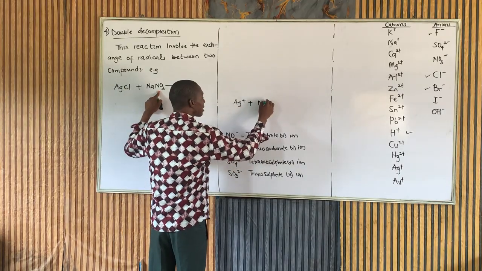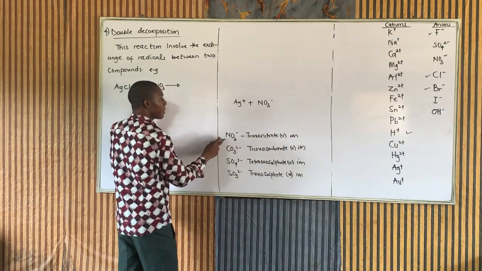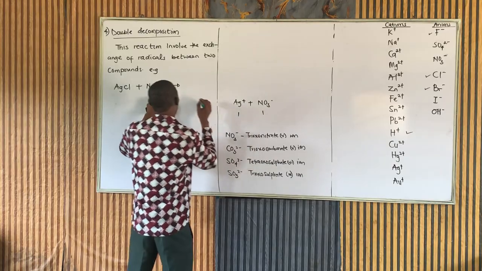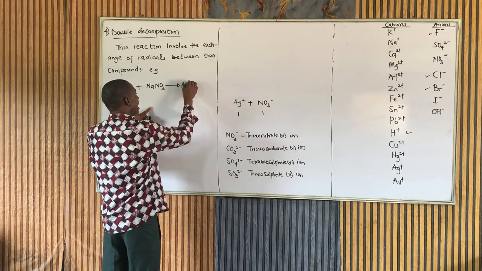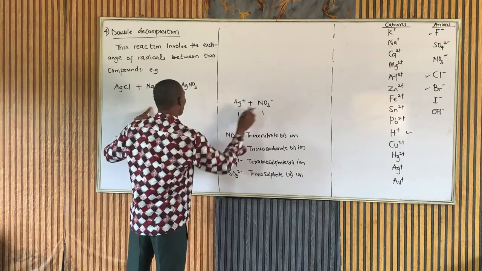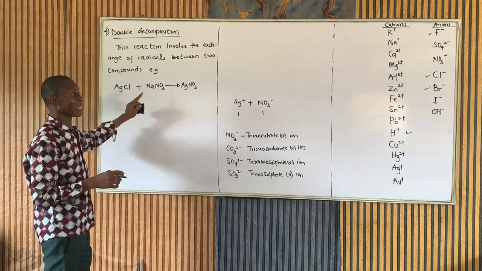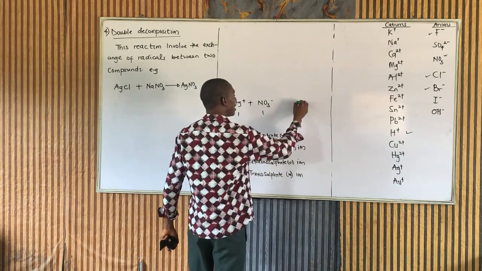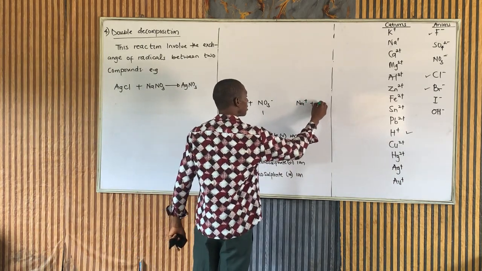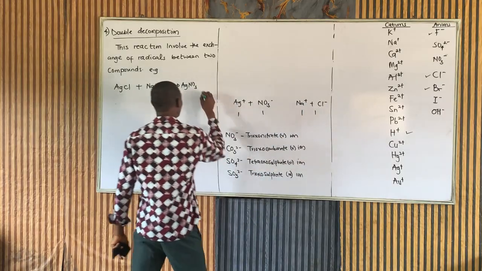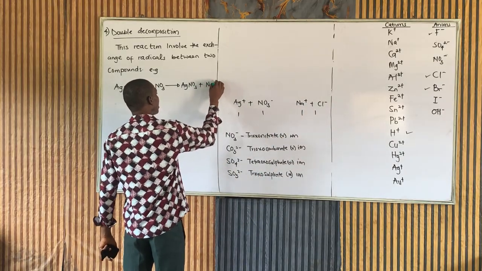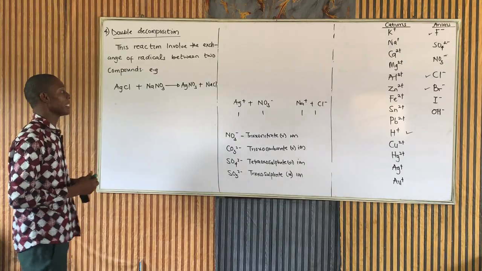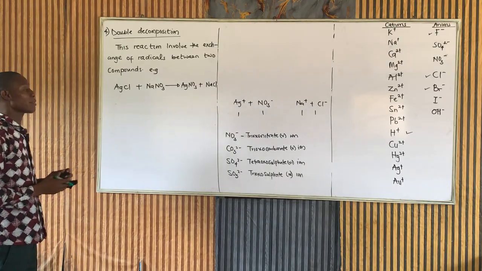And you should know how NO3 looks like, trioxonitrate 5, and this is it here. So 1, 1. Obviously, this is going to be AgNO3 because you need 1, 1 of this. Now, sodium is coming to marry chlorine. And how do you write that? Na plus, Cl minus. This is 1, 1 as well. So this is going to be plus NaCl. Then you look out if the equation is balanced. So the equation is actually balanced here.